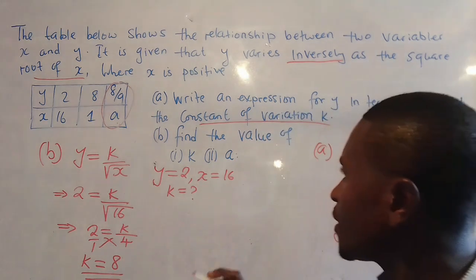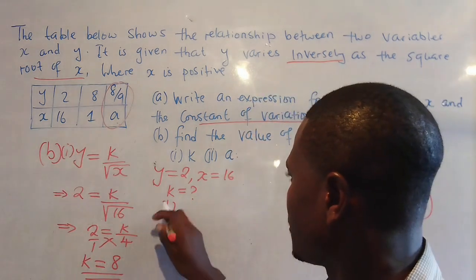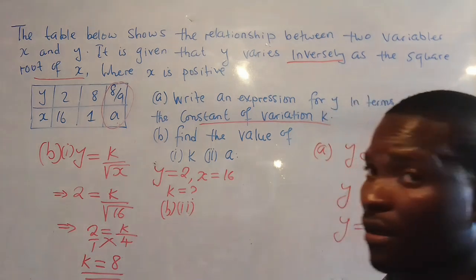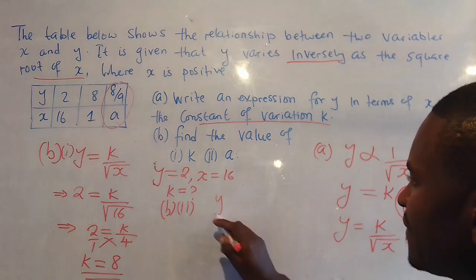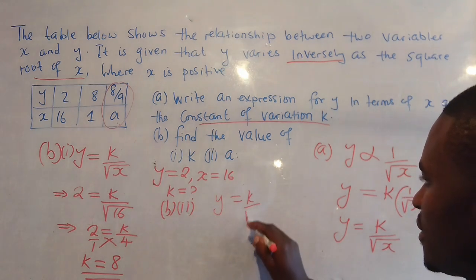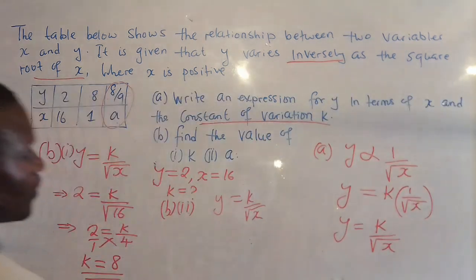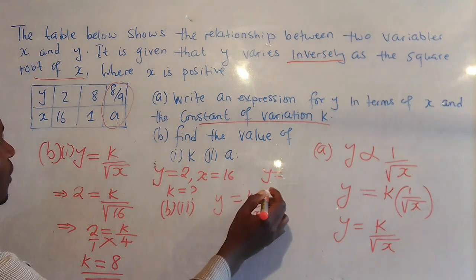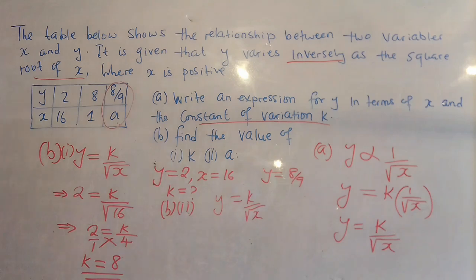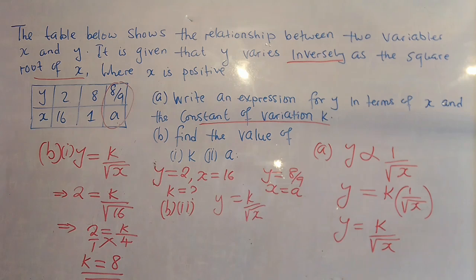So now we are finding A. We have y equals 8 over 9, and x equals A. So when there is x, I put A.